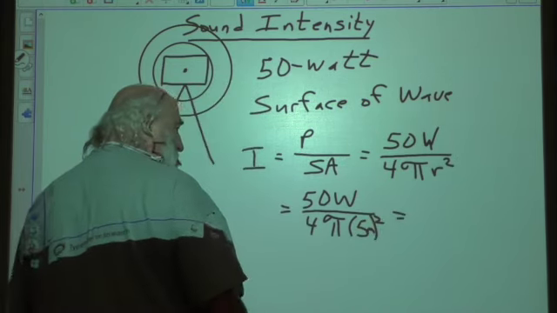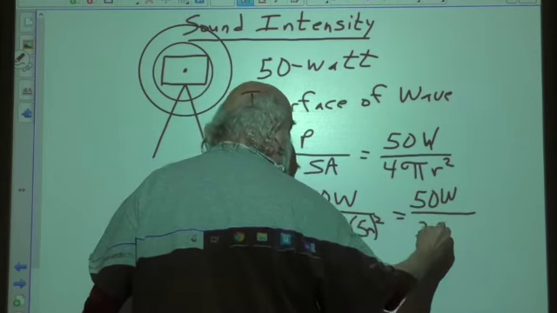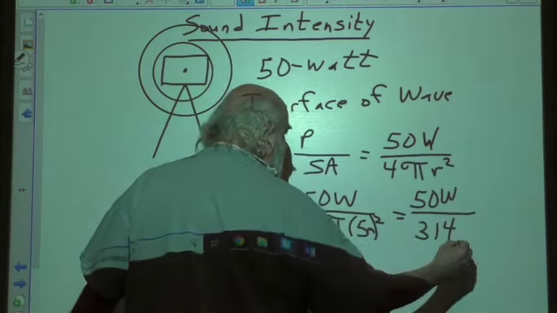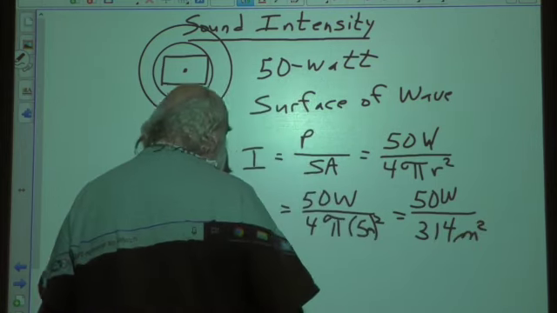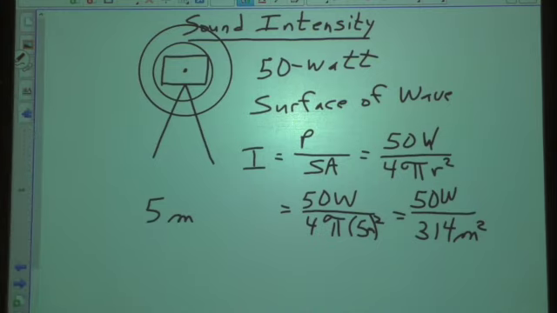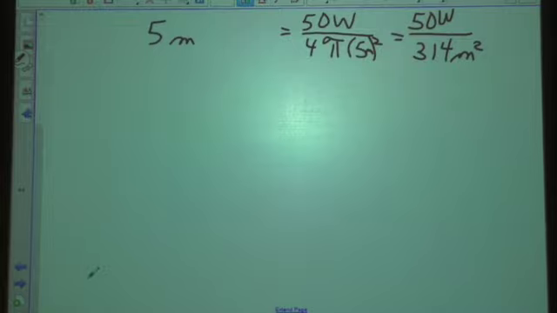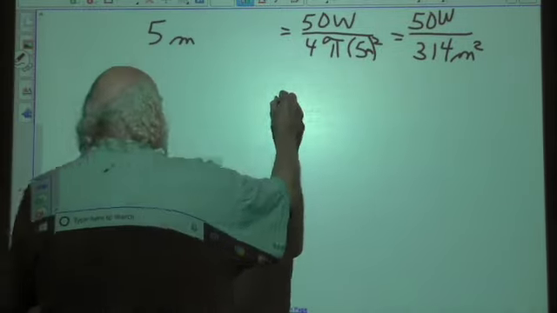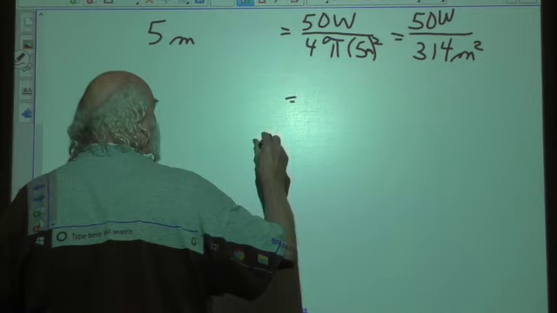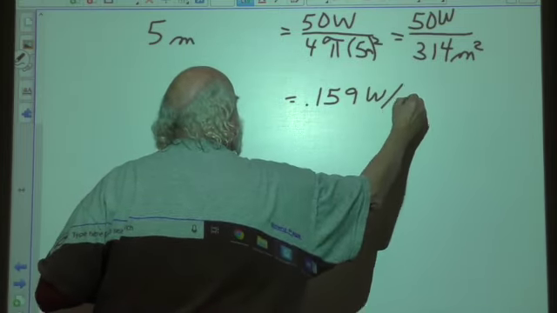And this will give you 50 watts over 314, rounded to 3 sig figs, square meters. So we're going to calculate that out, and we're going to find that this is equal to 0.159 watts per square meter.